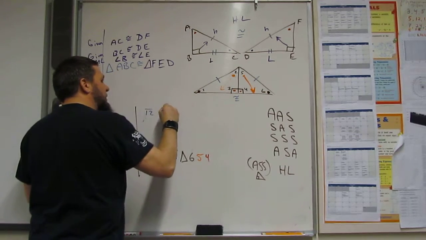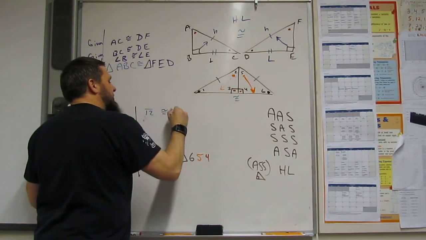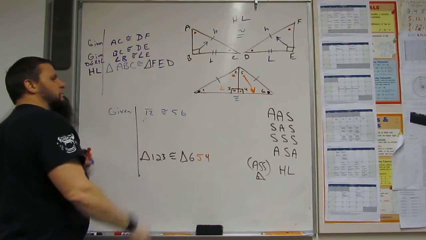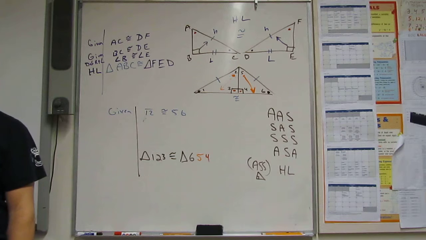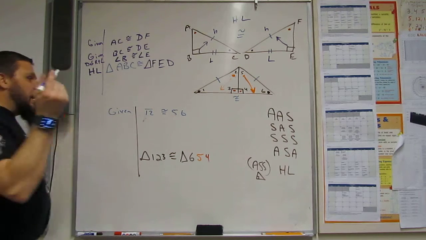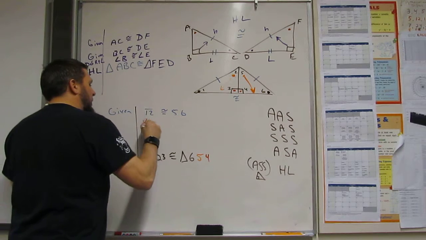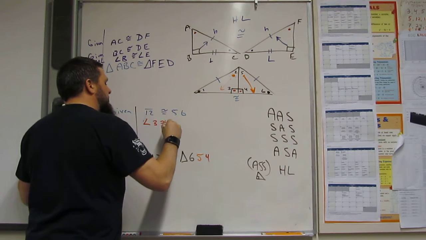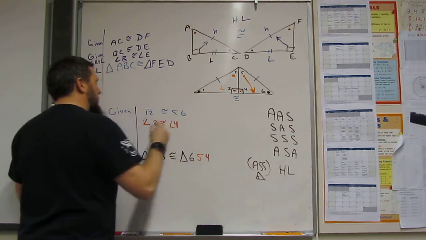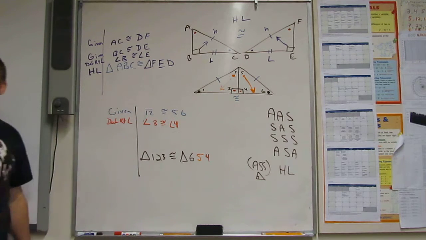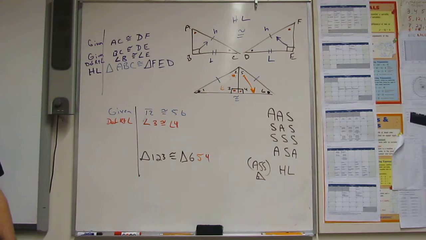That's congruent to this side, 5 to 6, because it's given. Right? The other thing I know is these two reds. Angle 3 is congruent to angle 4 because of the definition of a right angle. Right angles are congruent. Okay?